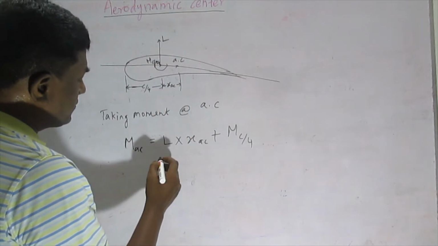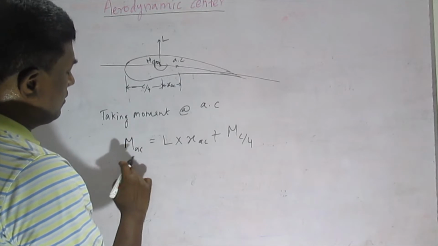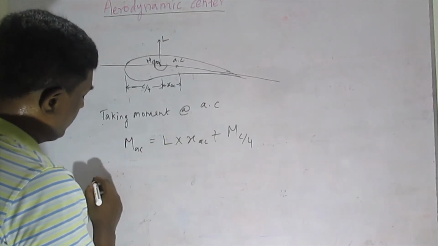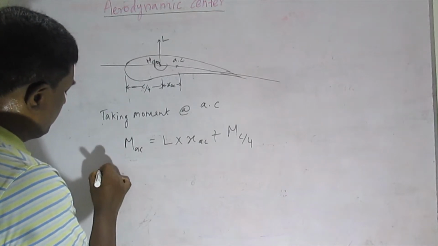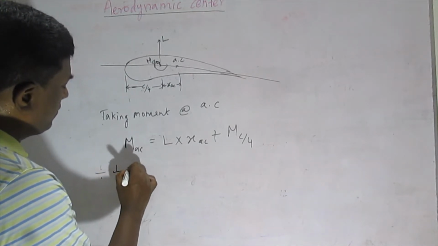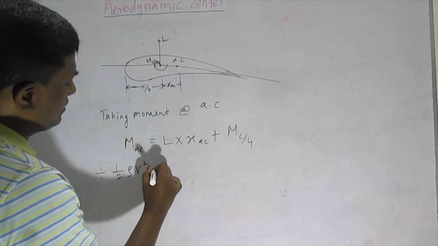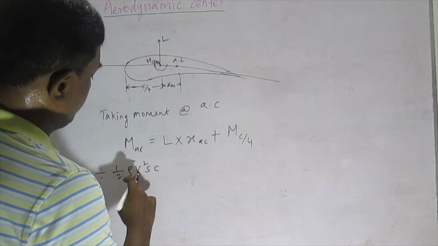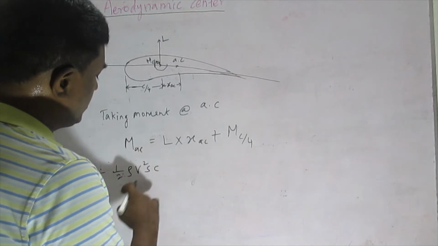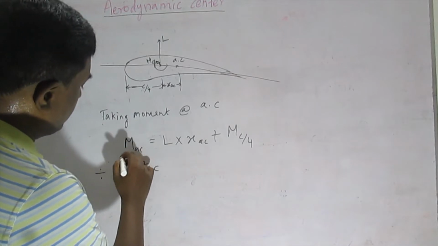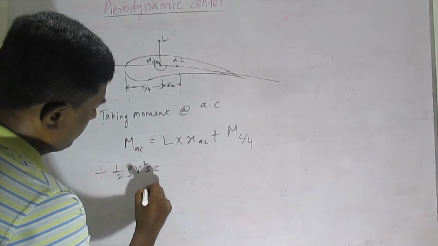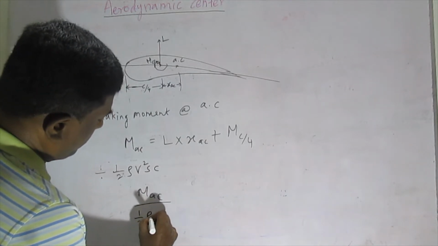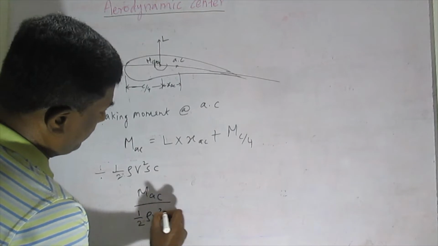Now we have to simplify this moment. We are going to divide by half rho V square S c, because moment is in Newton meter, so we are just dividing MAC by half rho V square S c.